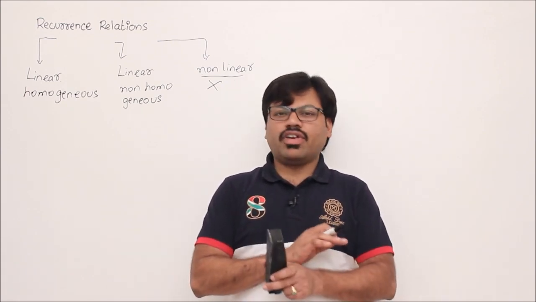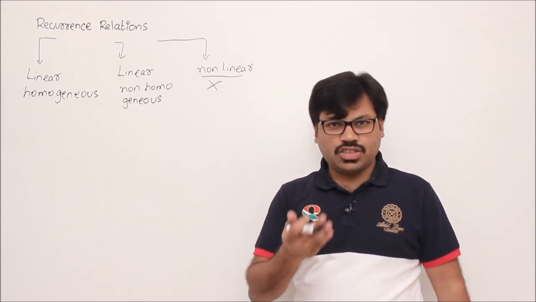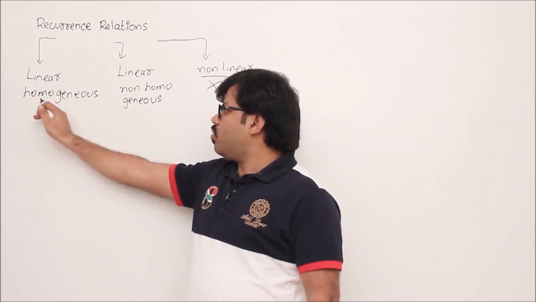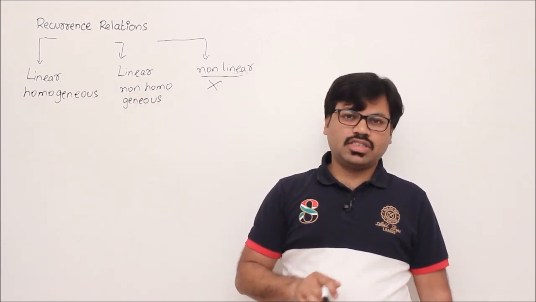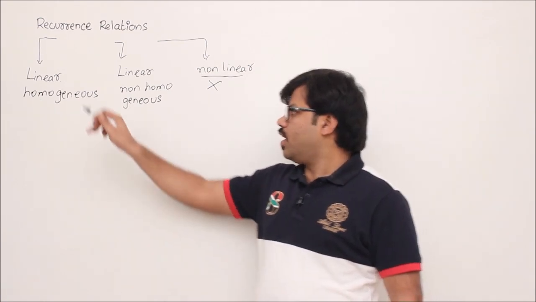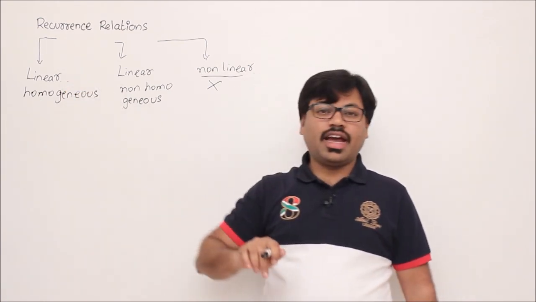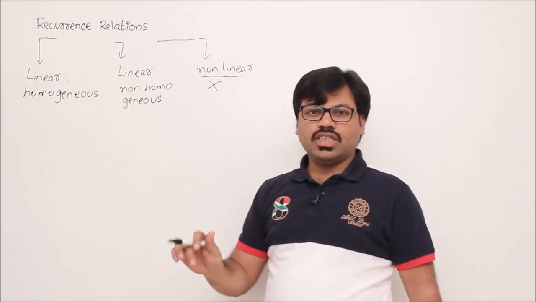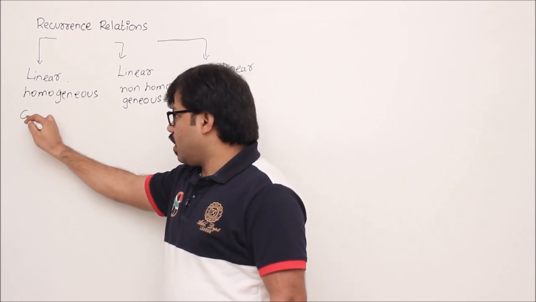In the GATE exam they never give non-linear recurrence relations, so don't worry about them. They only give linear homogeneous and linear non-homogeneous, because only they have fixed formulas to solve them. So let's begin with linear homogeneous. And one more thing: in linear homogeneous and linear non-homogeneous, we are talking about the coefficients.